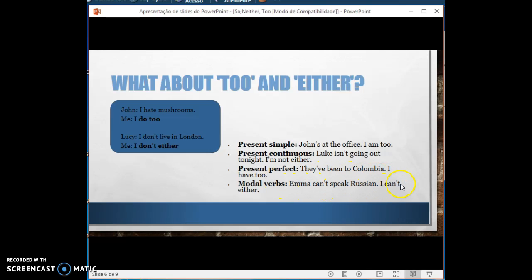"Emma can't speak Russian." "I can't either." See that the verb changes in the same way as with "so do I" and "neither do I." Remember that you need a negative verb to use either in any case.